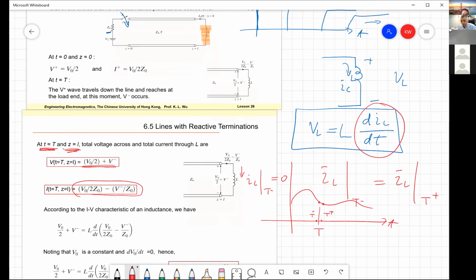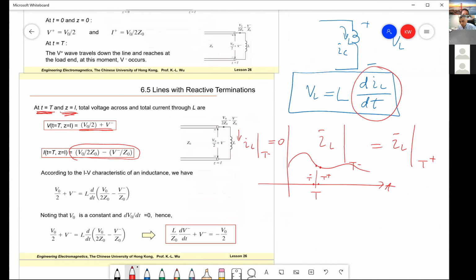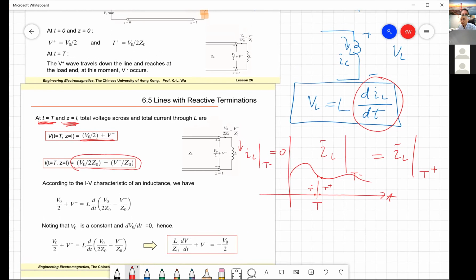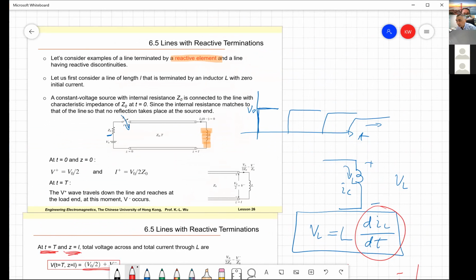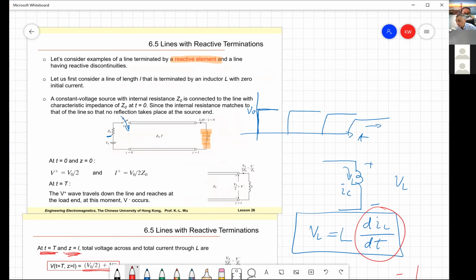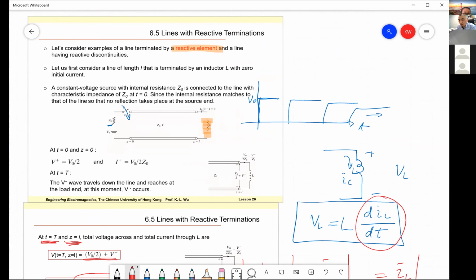No current going through this. This is the initial condition we must have. We assume the initial current going through the inductance is 0.